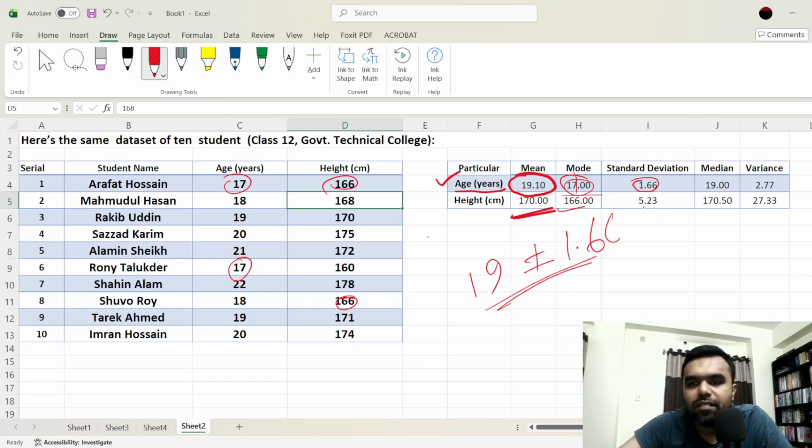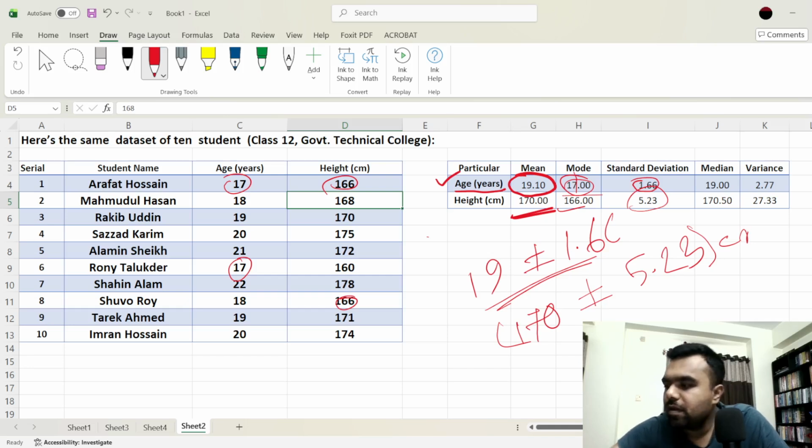And the standard deviation for height is 5.23. The average height is 170 centimeter, plus minus 5.23 centimeter.